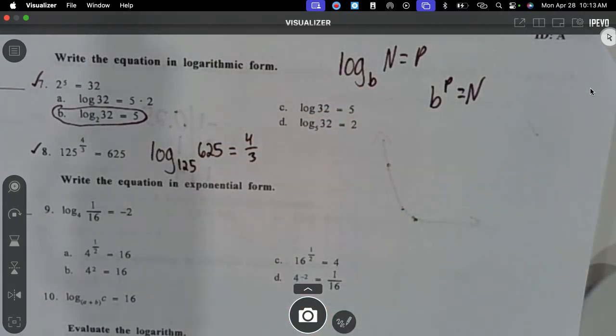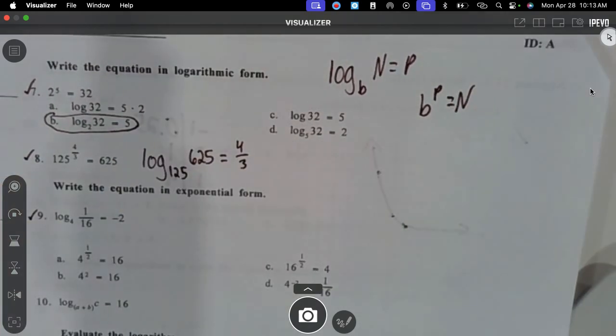There we go. Number 8 is on there, and that's what it looks like. Yes, number 9. It's just flipping it. Keep 9.